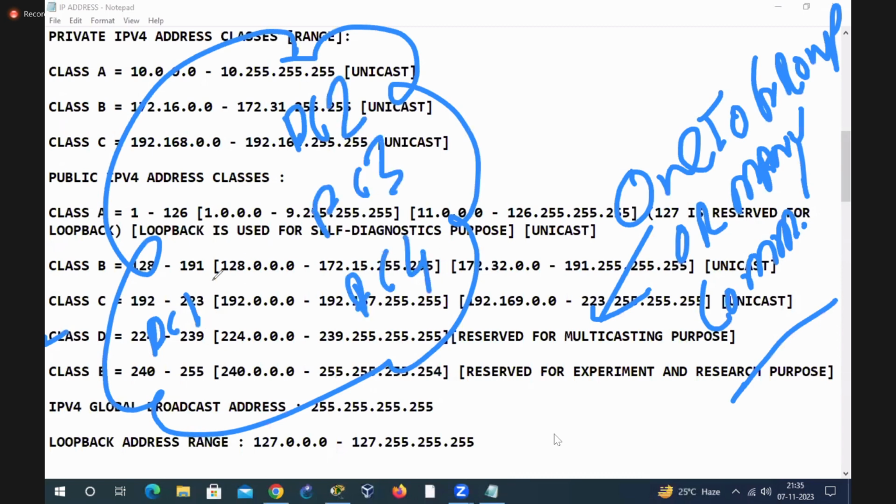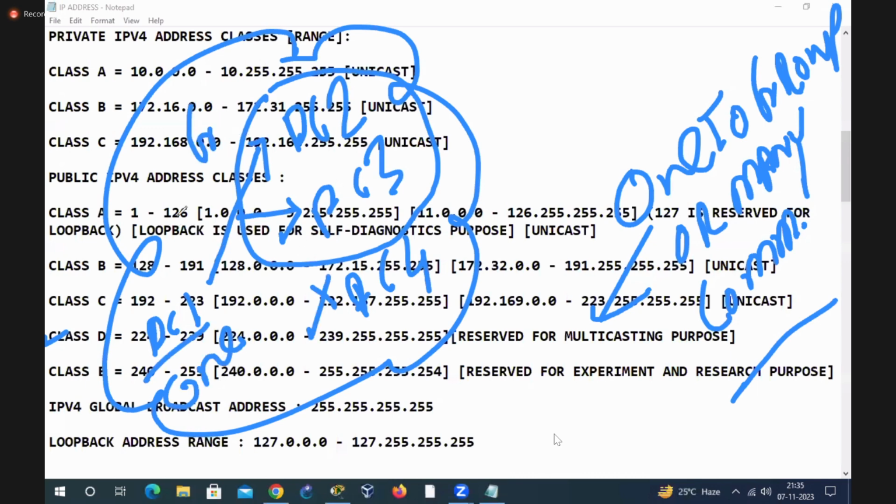Let's say that PC1 wants to send a message to only these two systems, not to PC4. So this is one machine communicating to a group of machines. This type of communication is called multicast, where you are not communicating with all the machines in the network, but only a certain group of machines.